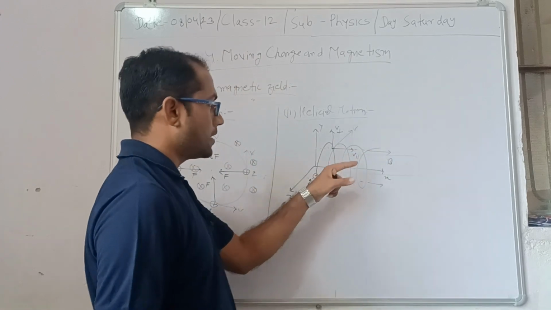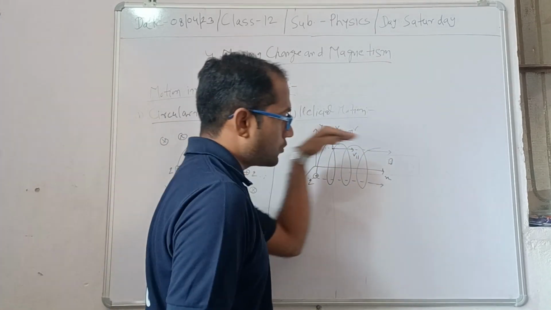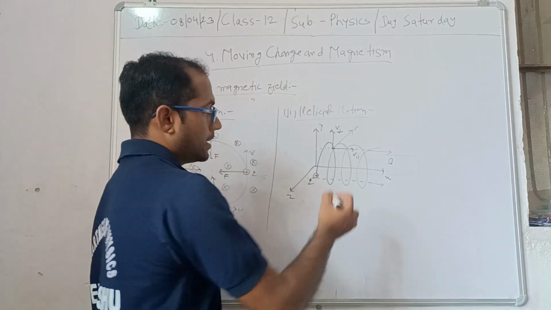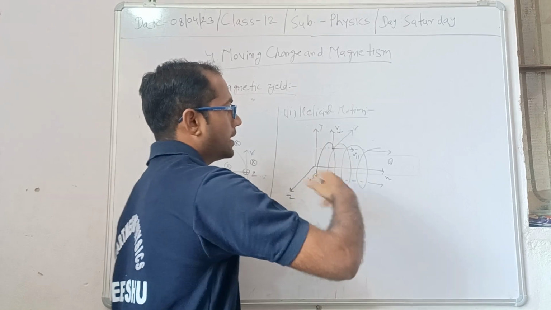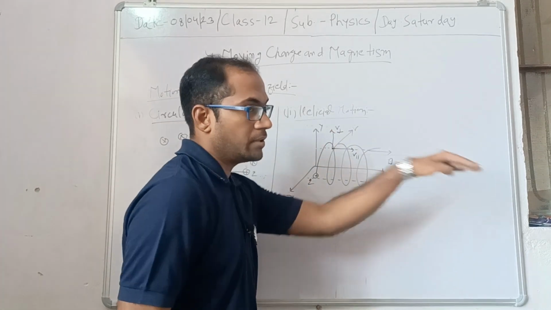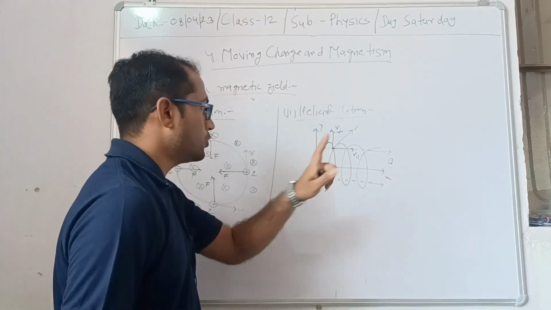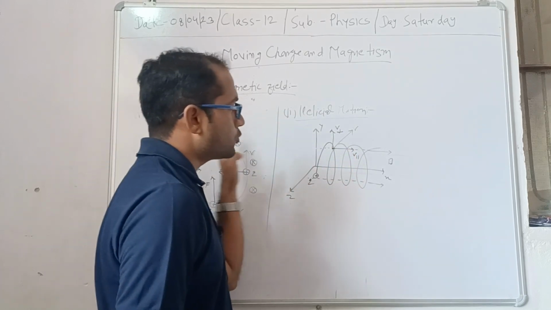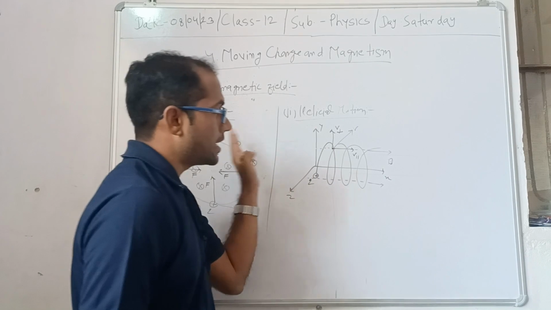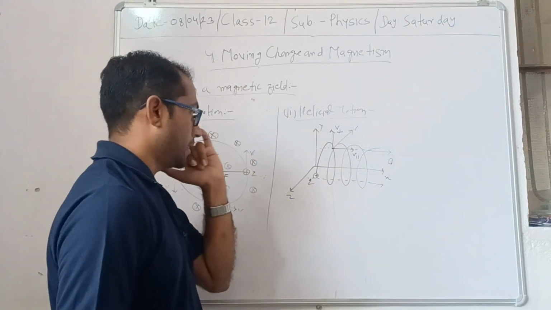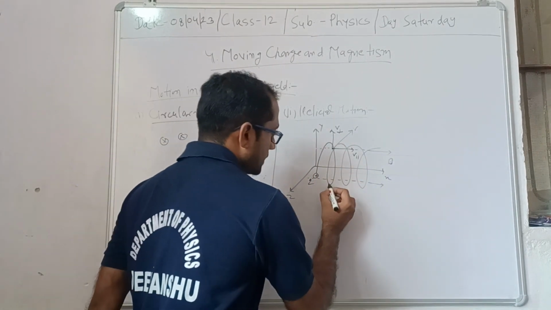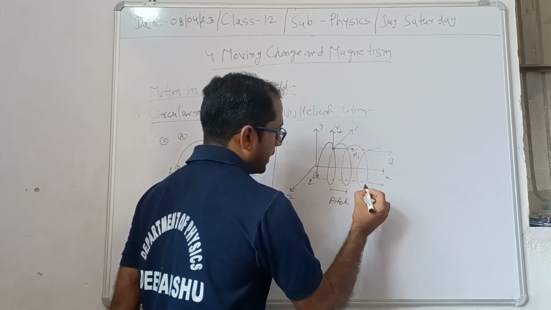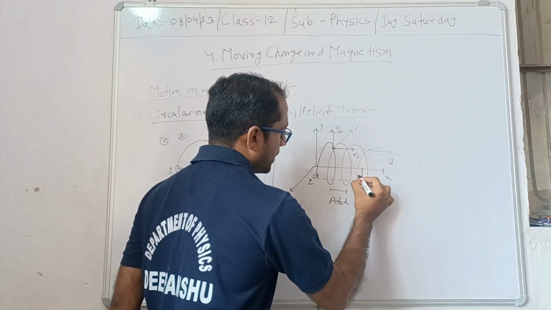The parallel component is in the direction of B. Due to this parallel component, the charge moves in a helical path in the direction of the magnetic field, because this component pushes the charge along the field. This is the pitch, and this is the radius of this helical path.